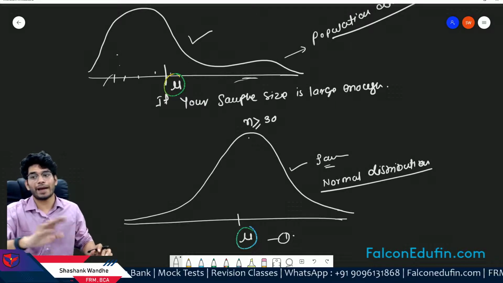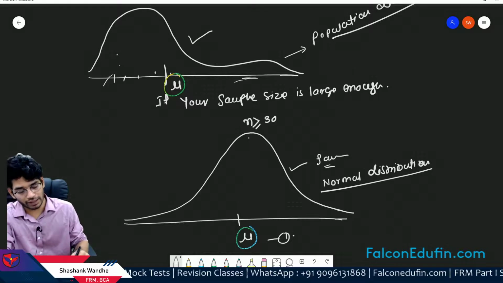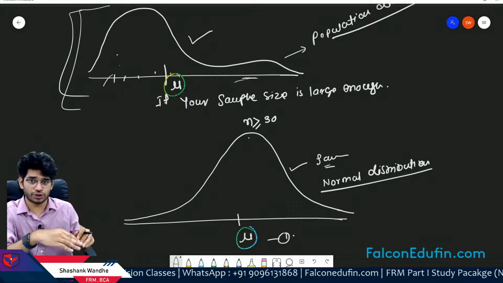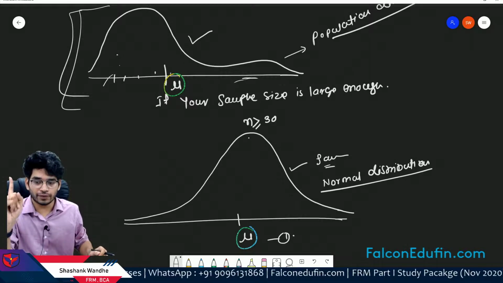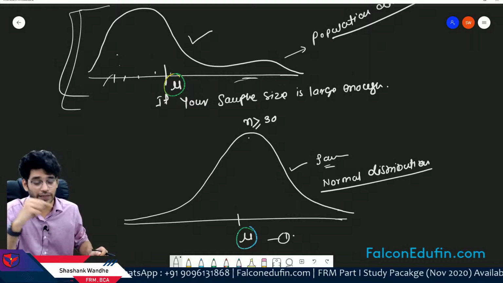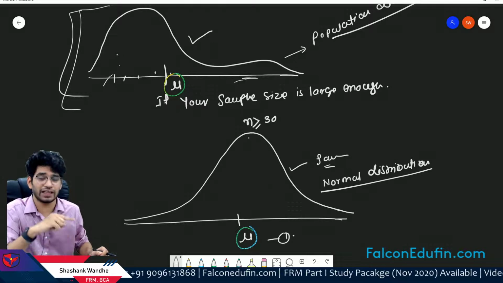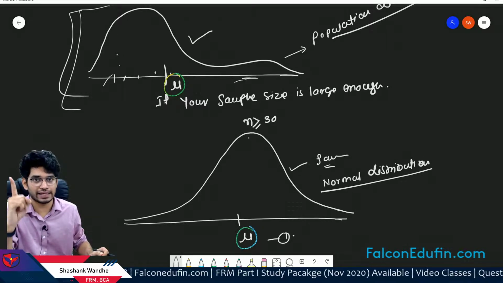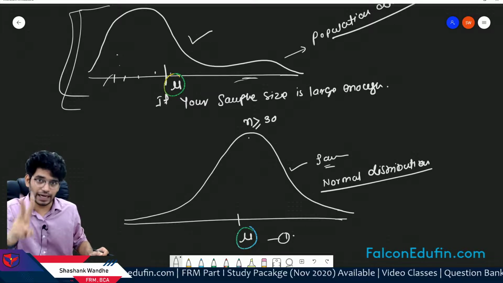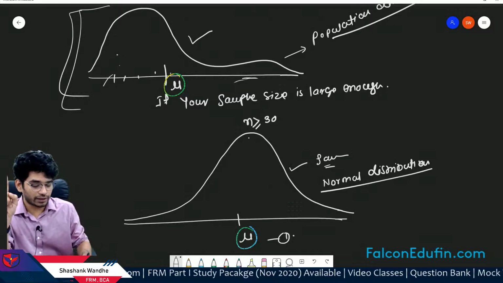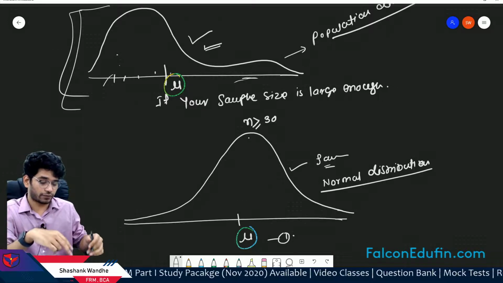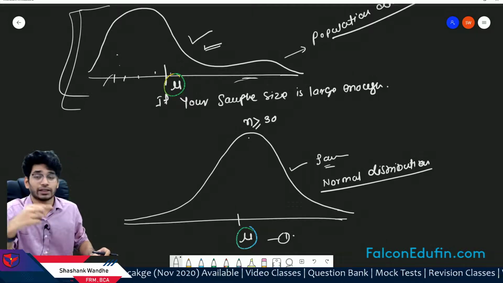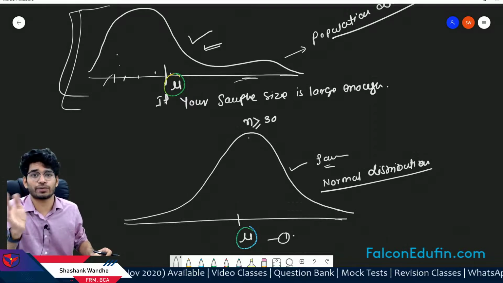So no matter how the distribution is for the population, if you build the sampling distribution, two things will happen. First, the sampling distribution's mean will be equal to the mean of the population. This is what the central limit theorem says. And the second thing which will happen is that the sampling distribution will be normal, irrespective of how the population distribution is.